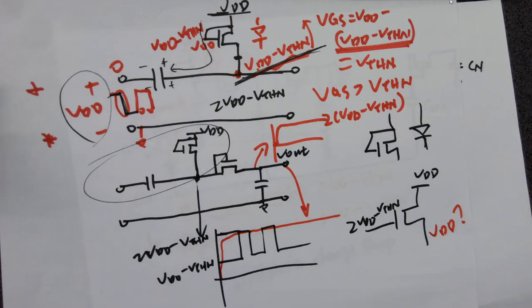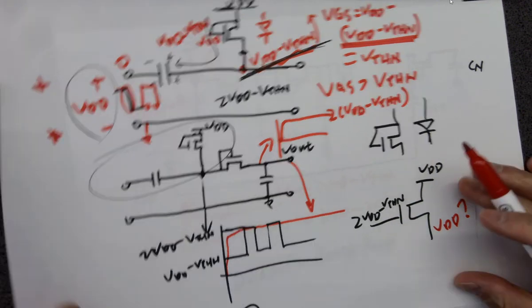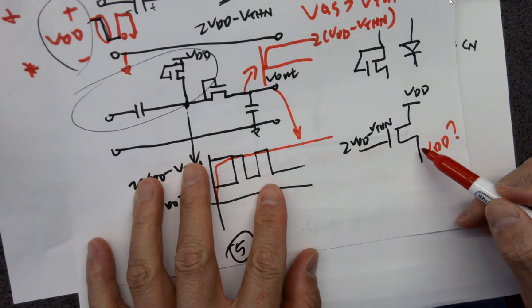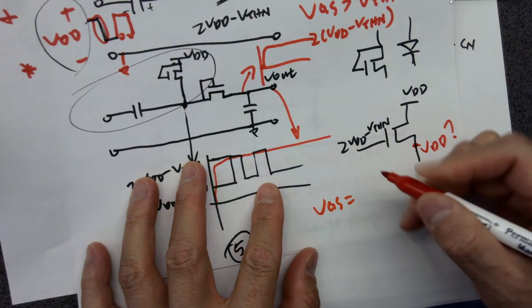Trust me, this is the best part of the lecture. It's a conclusion. That's the whole point why we are doing this, right? Are we able to pass the entire VDD to the source if we have a higher VG? Yes. So if you are having VDD to be passed to VS, what's going to happen for VGS?